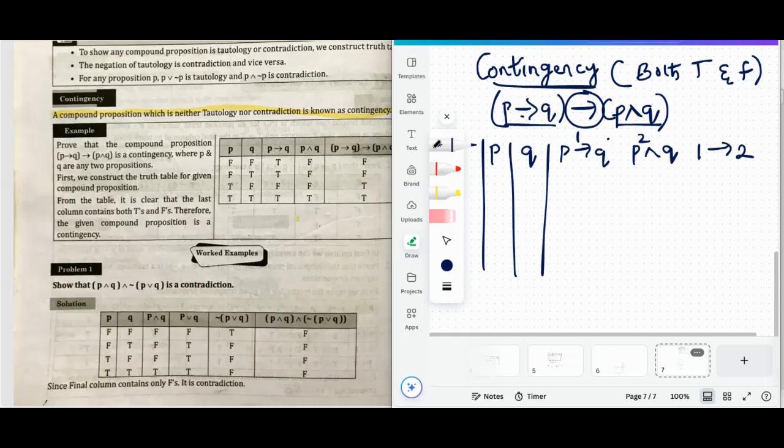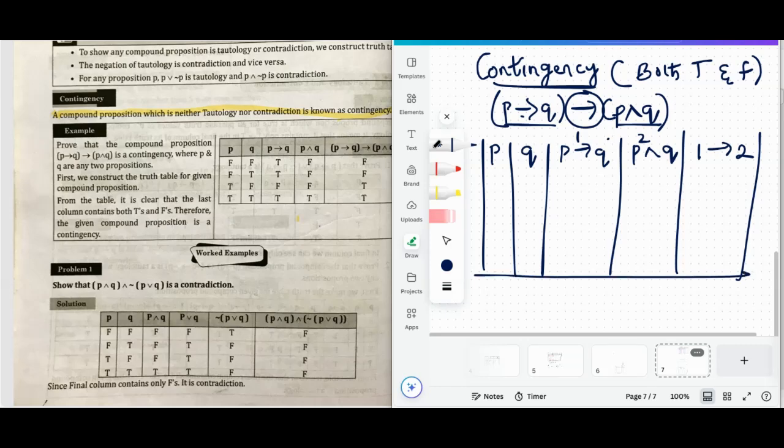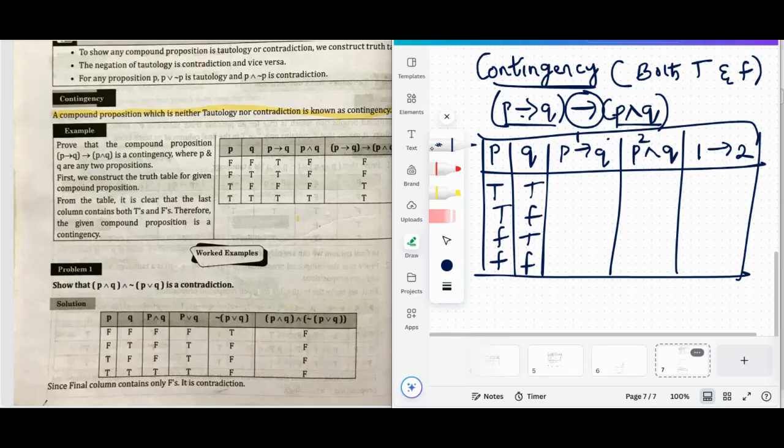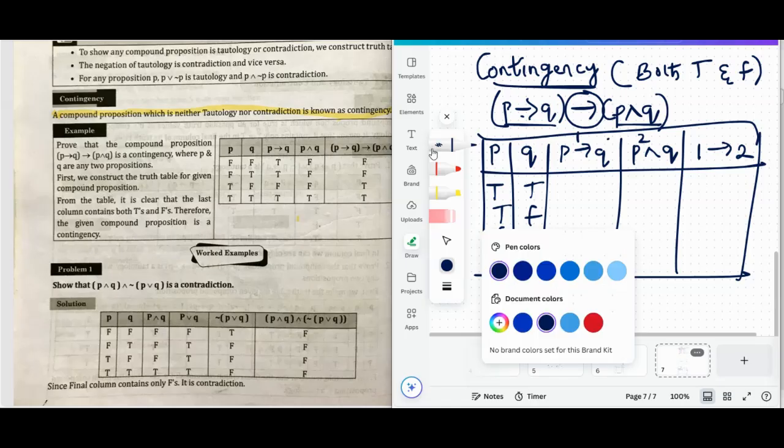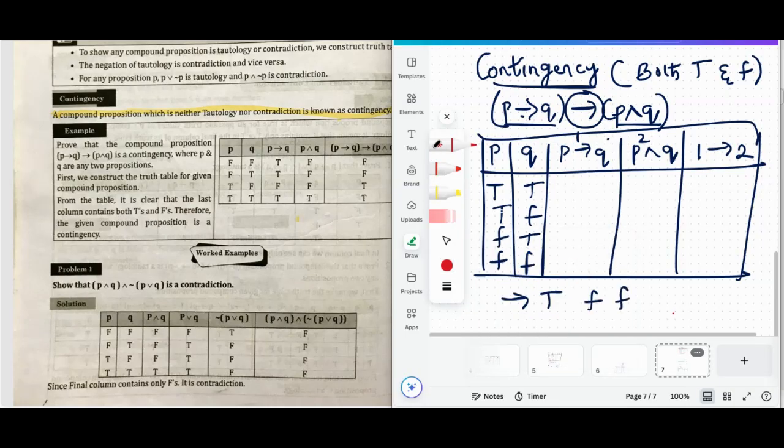We need to prove it is a contingency. We take T, T, F, F for the first, then T, F, T, F. Implication is F for T and F, otherwise it is true. So in the second line we have T and F, it is F, otherwise it is true.